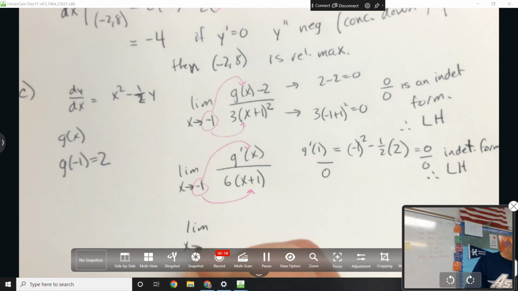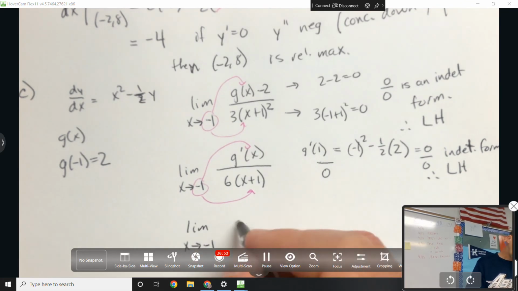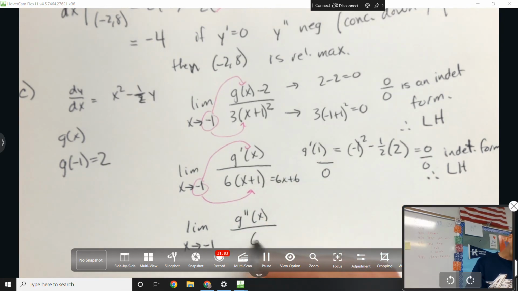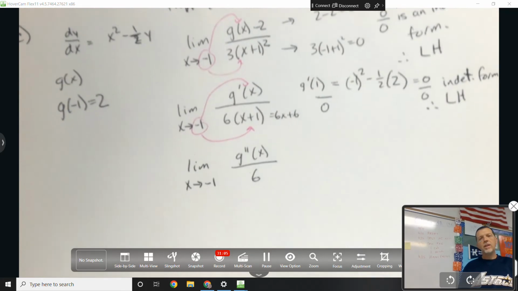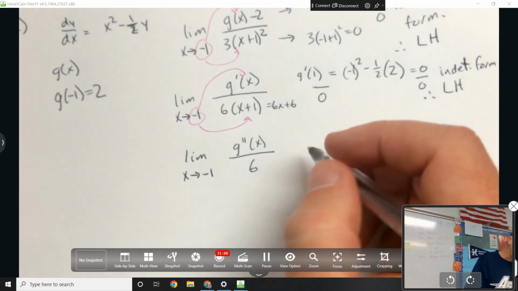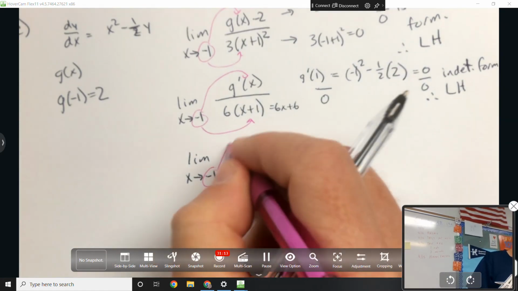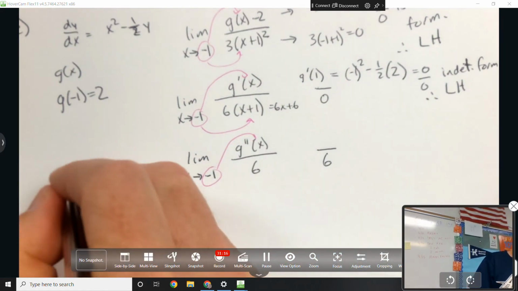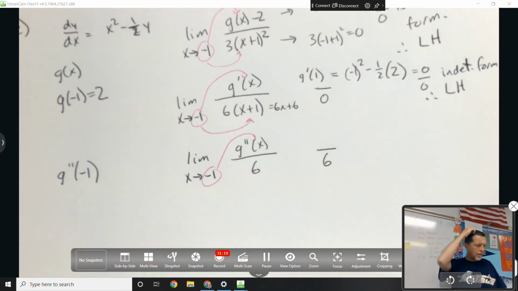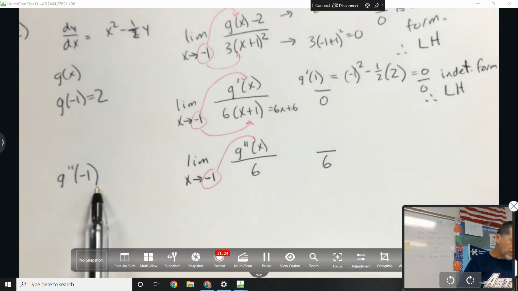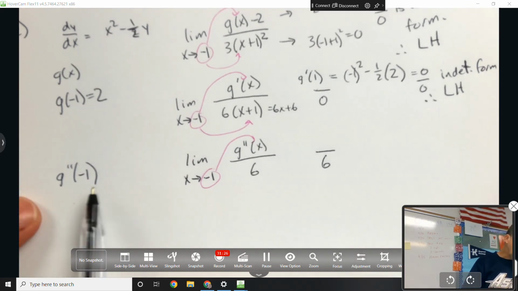Limit as x approaches negative 1 of the second derivative. And this time, the bottom would just be 6. So, not going to be indeterminate this time. I don't know what's happening at the top, but the bottom is 6. At the top, the second derivative at negative 1. Did we find that already? We have the second derivative, but I don't think we found it at negative 1.